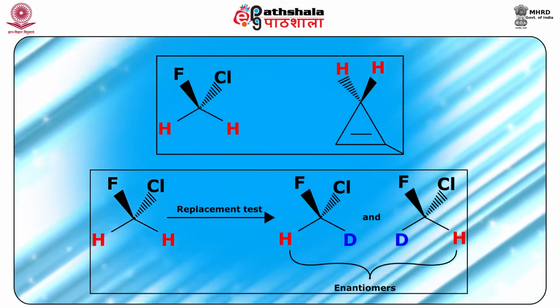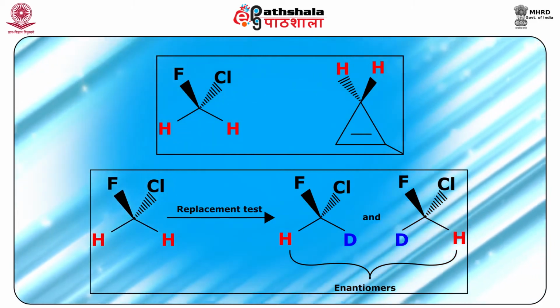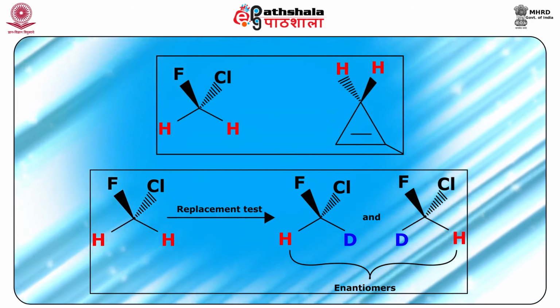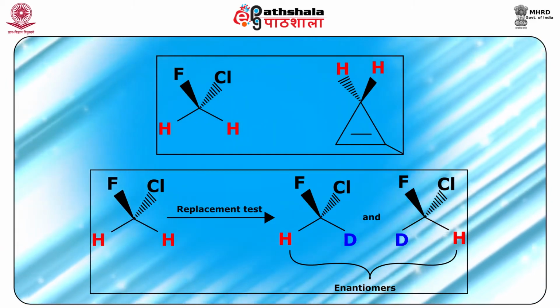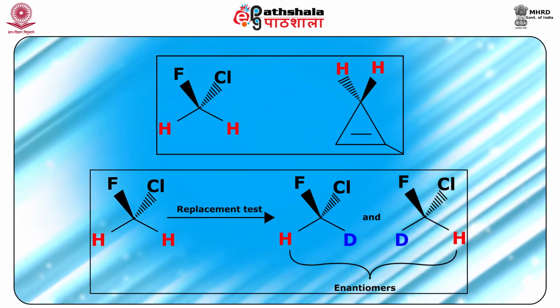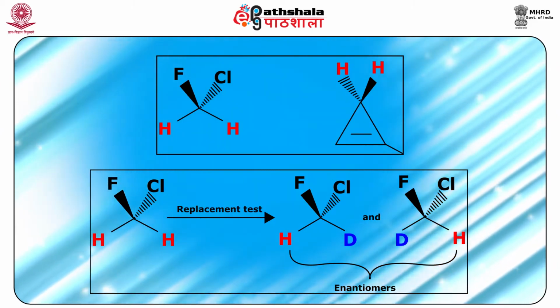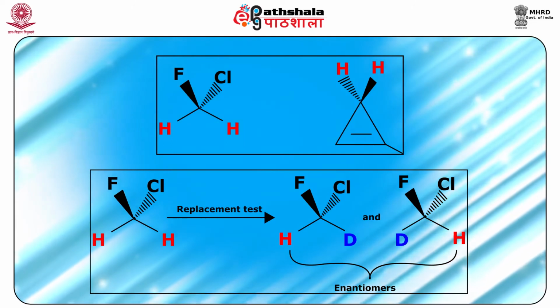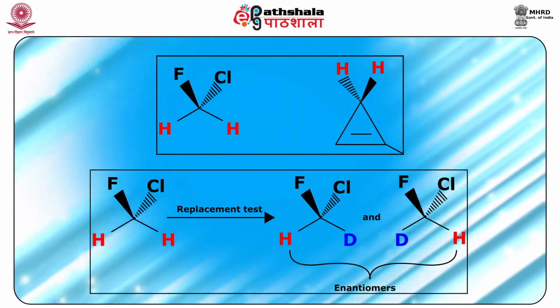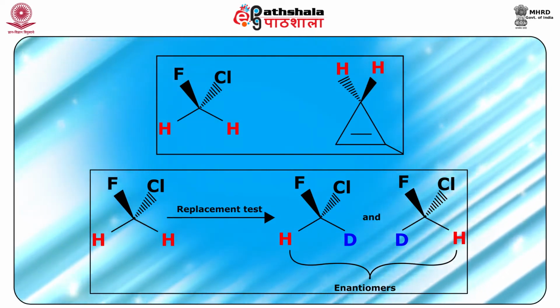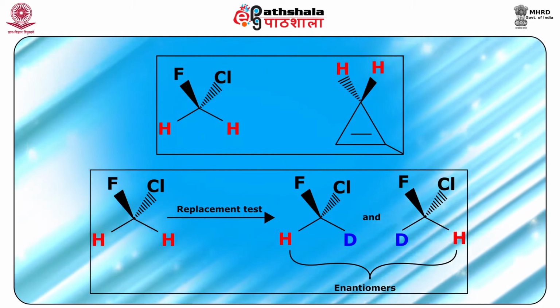In each of these examples, the two highlighted protons are enantiotopic, as you can see in the figure. Draw these two compounds each time, replacing one of the protons with deuterium. Then determine the relationship between the two drawings. If they are enantiomers, then the protons are enantiotopic. You can do this easily by looking at the figure and doing it on your own.